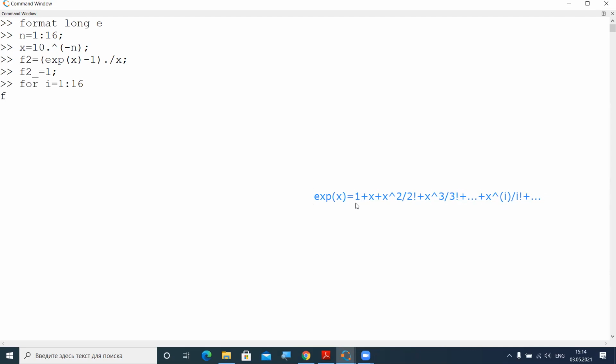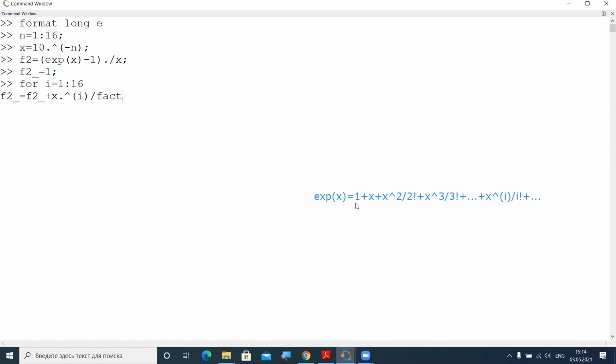And then write the new function f2 equal to the previous value plus the general term, x to the power of I, dot power, of course, over I factorial.